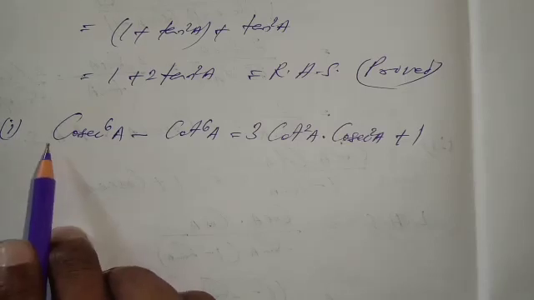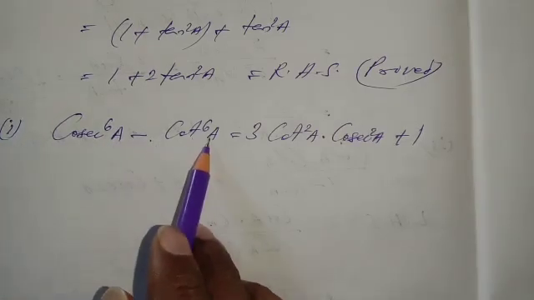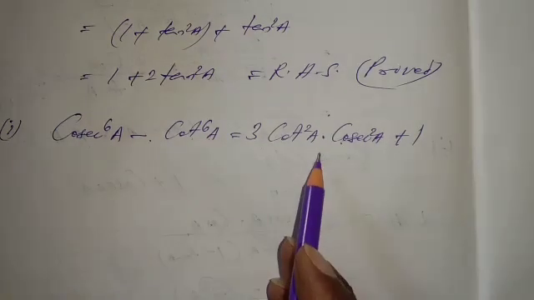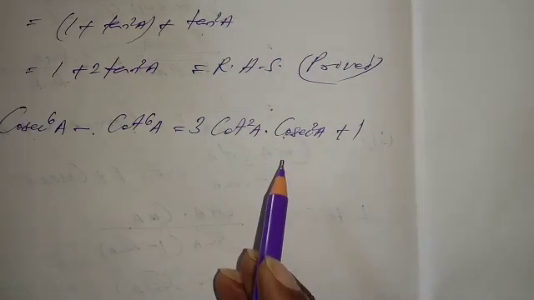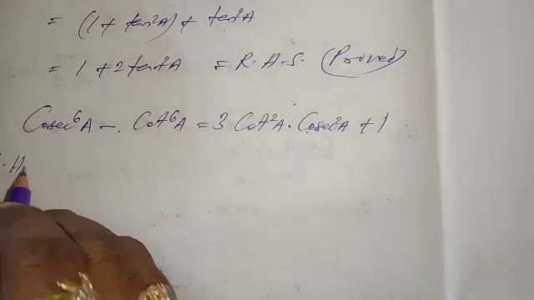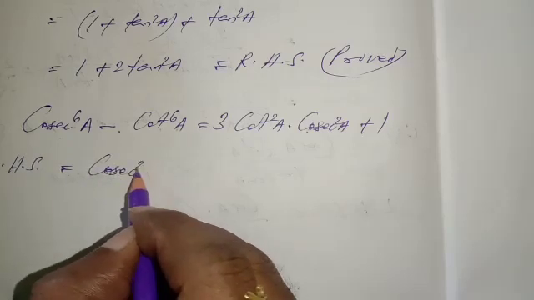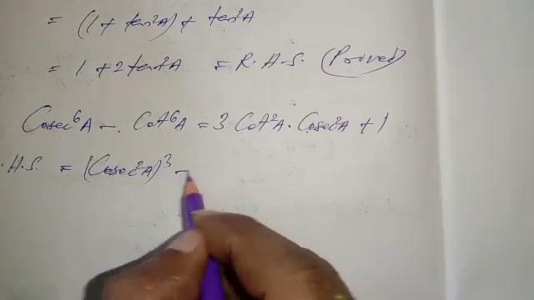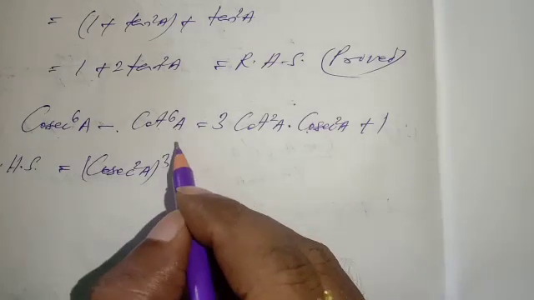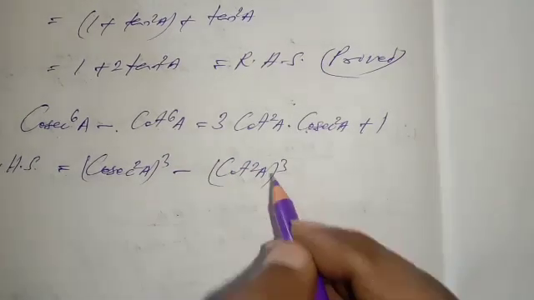22 first part given, you have to prove cosec to the power 6A minus cot to the power 6A is equal to 3 cot square A into cosec square A plus 1. What is the left hand side? Cosec to the power 6A, you write like this: cosec square A whole cube, minus cot square A whole cube.